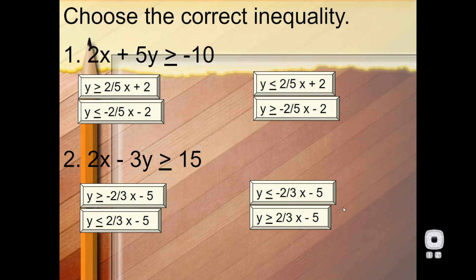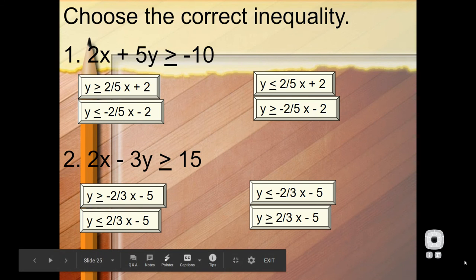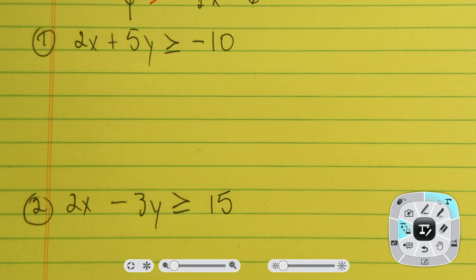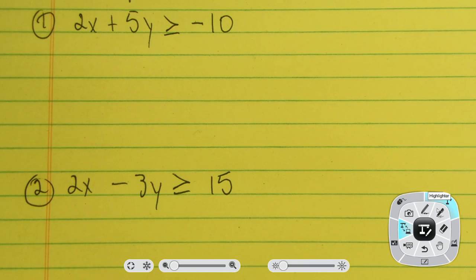And also, number 2: 2x minus 3y is greater than or equal to 15. So please jot those down on your paper right now, and solve for y. That way it'll be basically in slope-intercept form.